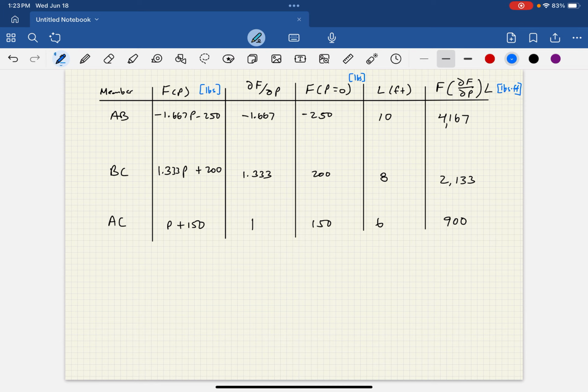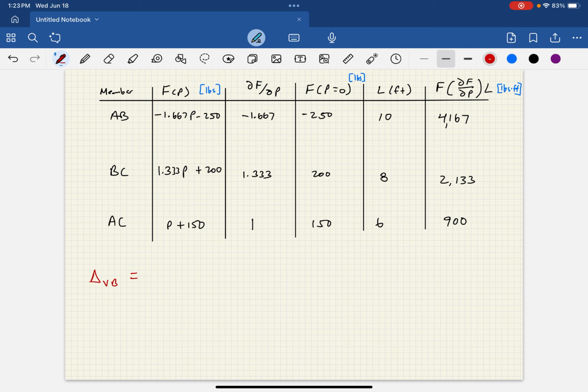And so what do I do next? Well, I apply Castigliano's theorem. Castigliano's theorem says that the vertical displacement of joint B, so that's delta VB, V is for vertical, is equal to what?